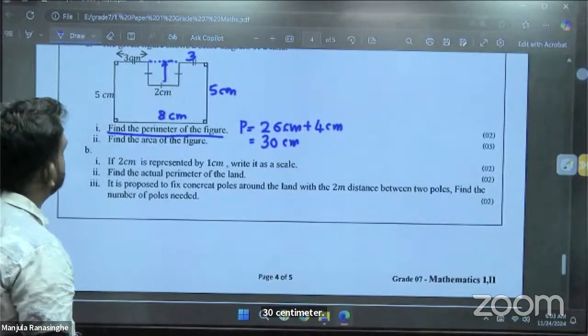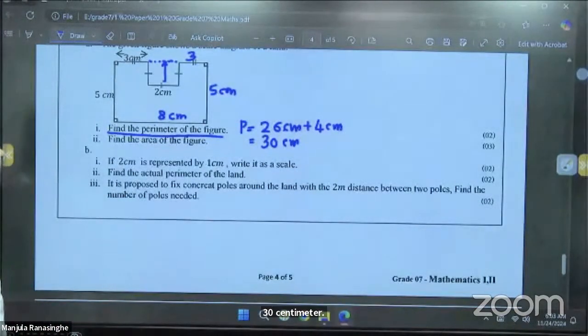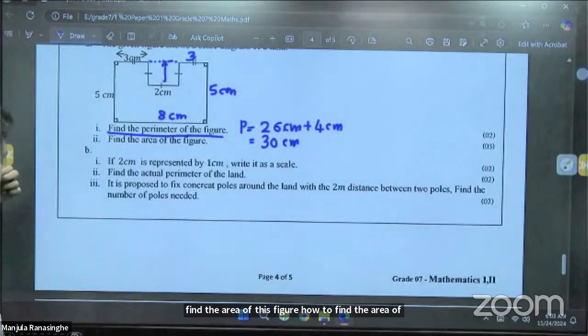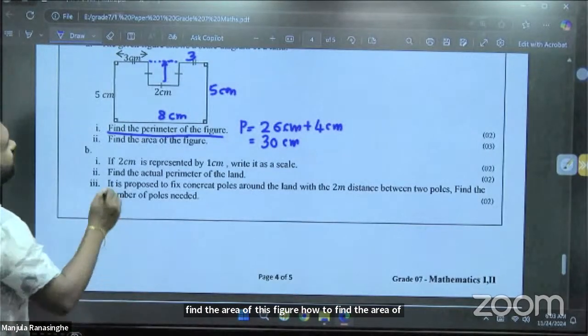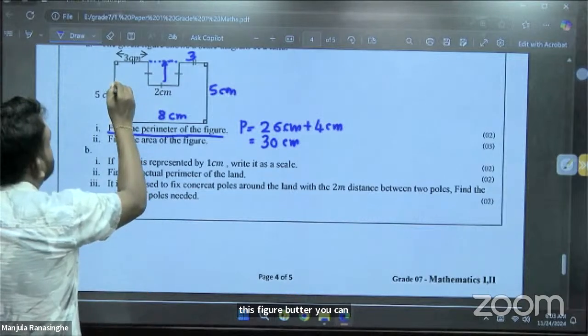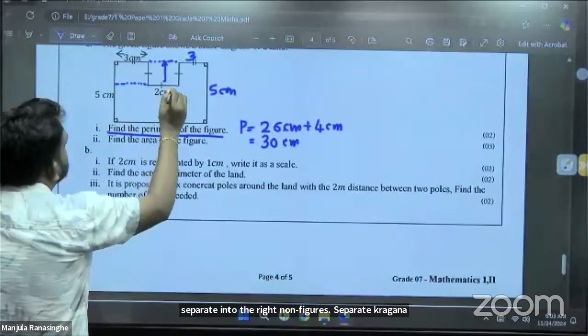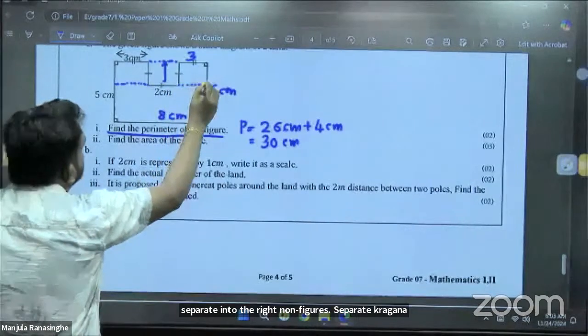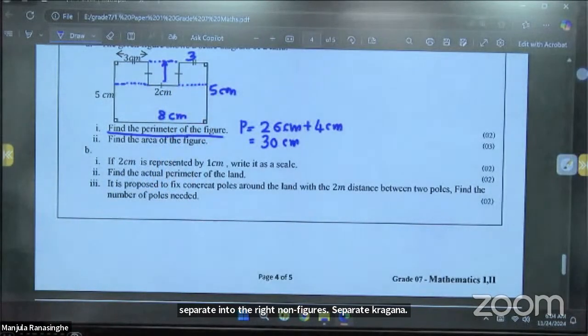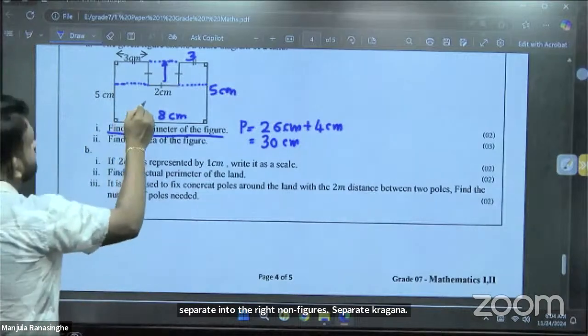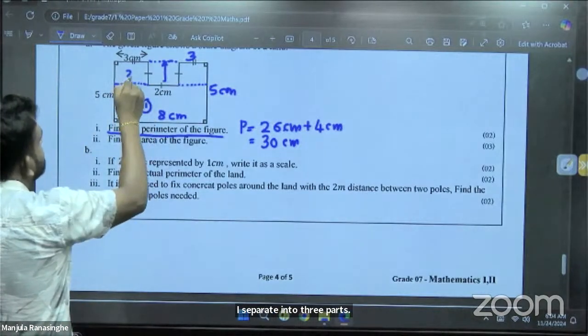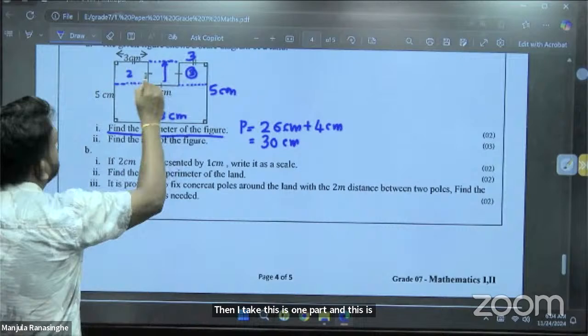Find the area of this figure. How to find the area of this figure? You can separate it into rectangles. I separate it into 3 parts: this is part 1, this is 2 and this is 3.